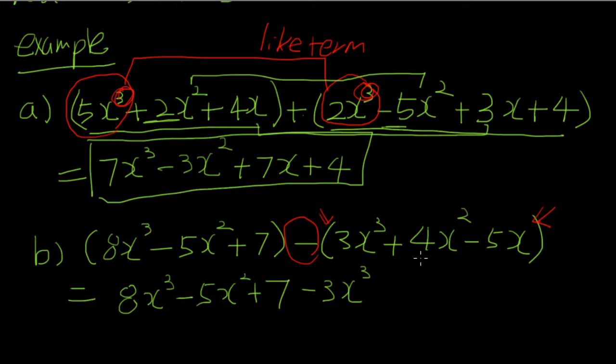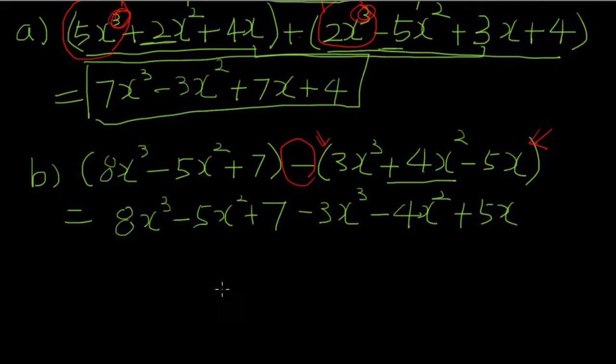What used to be plus 4x squared now becomes minus 4x squared. What used to be minus 5x now becomes plus 5x. Because of this minus, every single sign inside will be flipped.